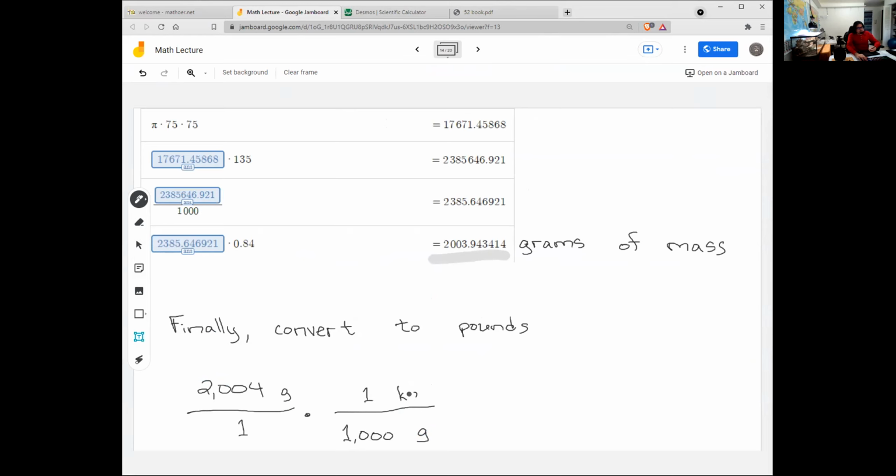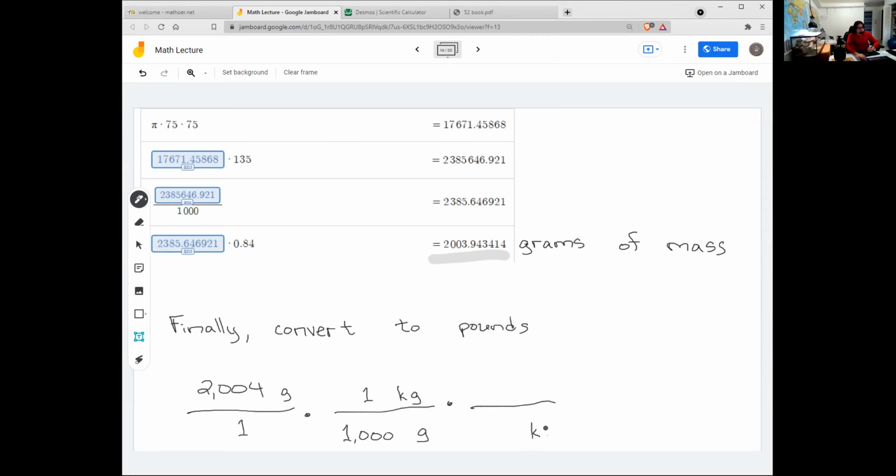I haven't memorized grams per pound, but I have memorized kilograms to pounds. Anyone else have memorized that? How many kilograms to pounds or pounds to kilograms? 1 kilogram is 2.2 pounds. Yes.